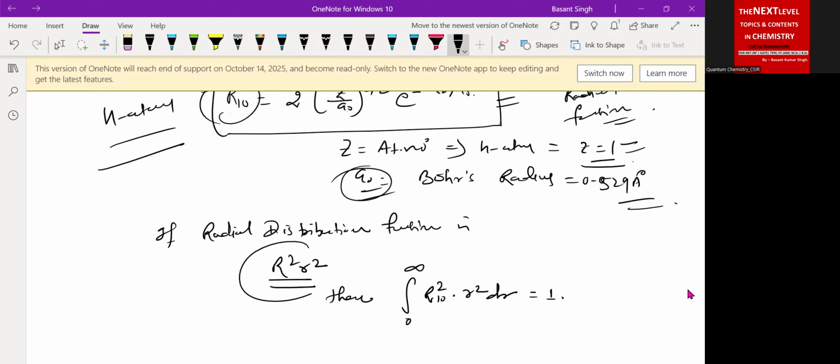If this is the expression for the radial distribution function, then this is equal to 1.